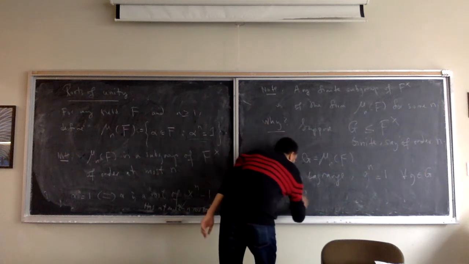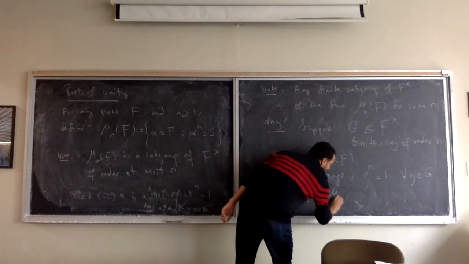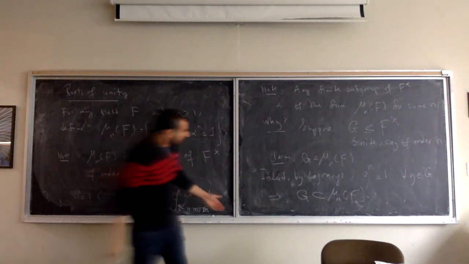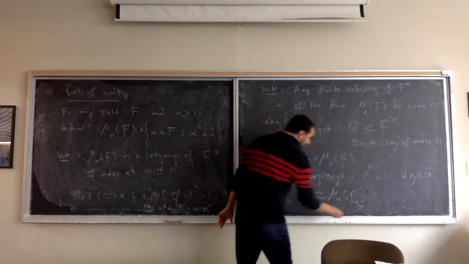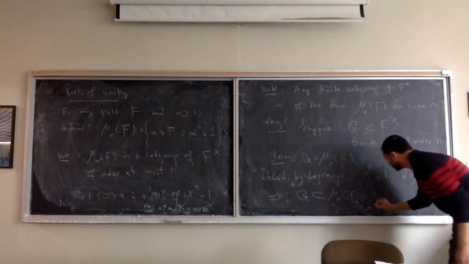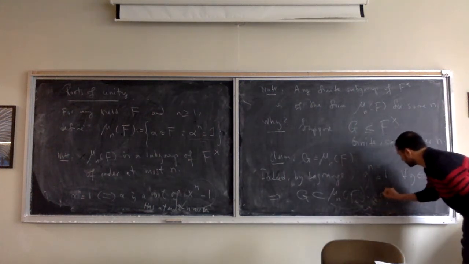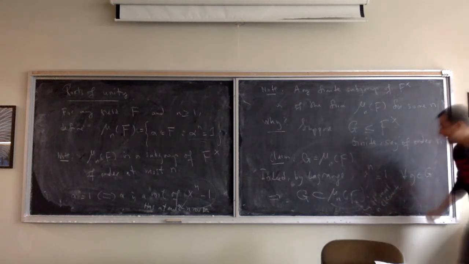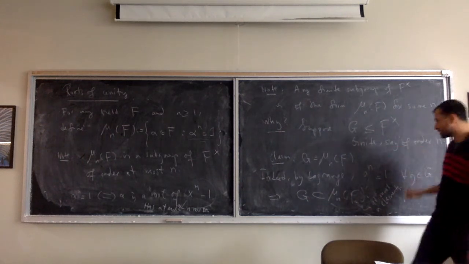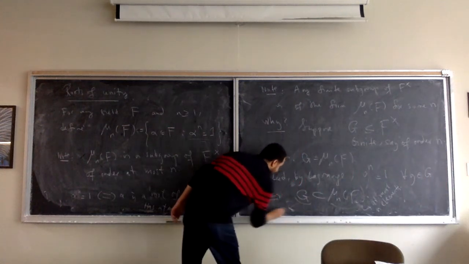So G is contained in mu n of F. But now, this one we already know has at most n elements. This one, we're assuming it has n elements.